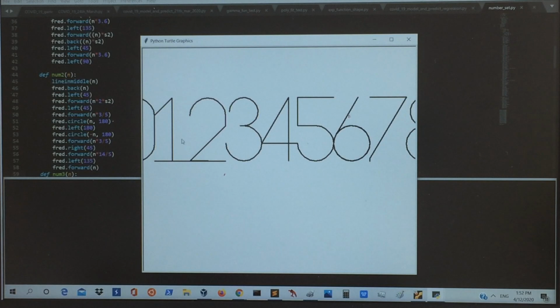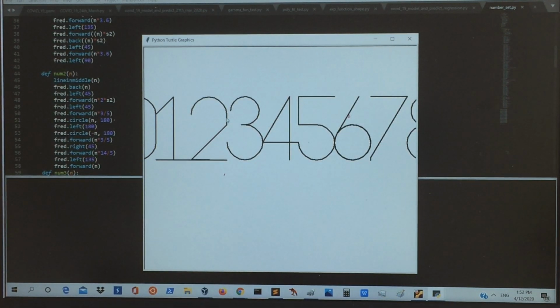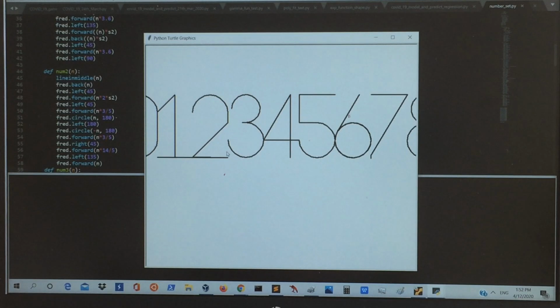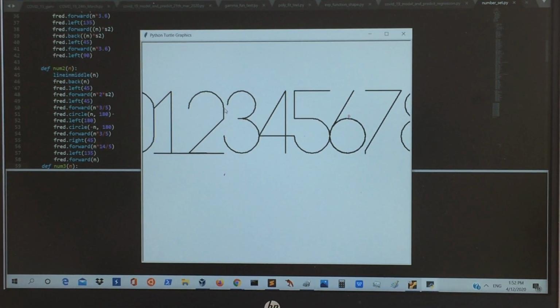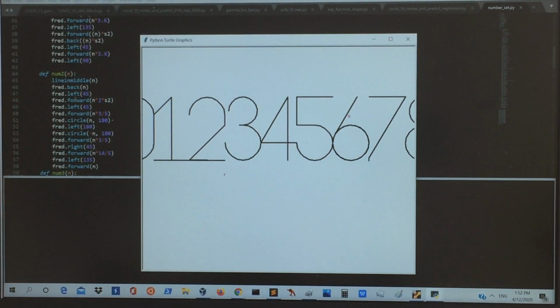So that's 100 times square root of 2, which is approximately 141. And then for the left 45 it goes forward. It goes forward because this is 100. It goes forward 50. Sorry about that. And it makes a circle to make the number 2.